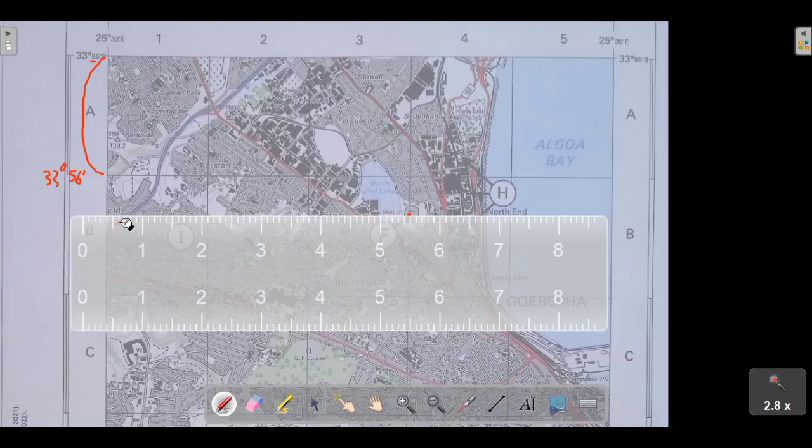This is 56, and this is the whole 56 until you reach another horizontal line, or latitude, right over there. So we are still at the 56th minute. We haven't reached 57. If you can see this black line here, we have our 57 minutes, so that would be 33 degrees 57 minutes.